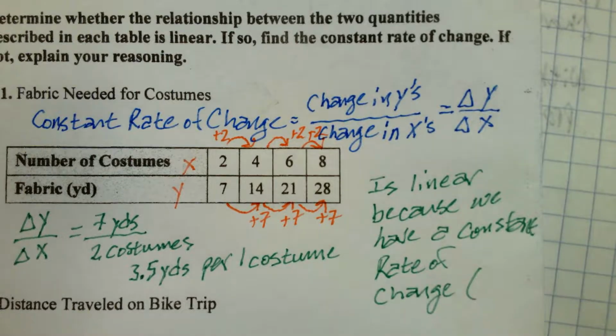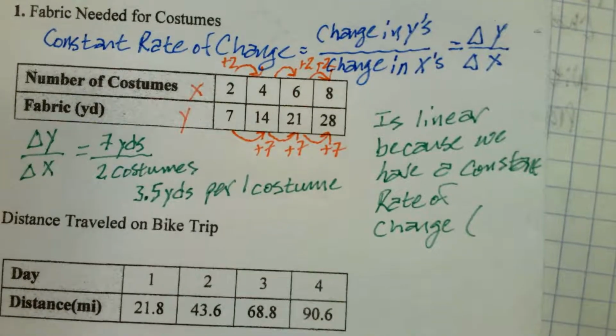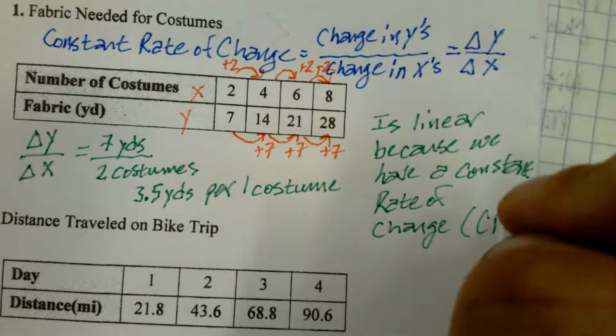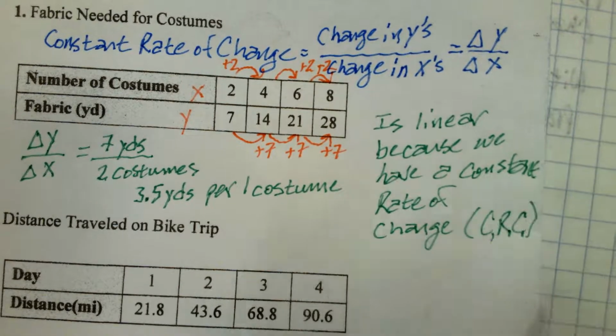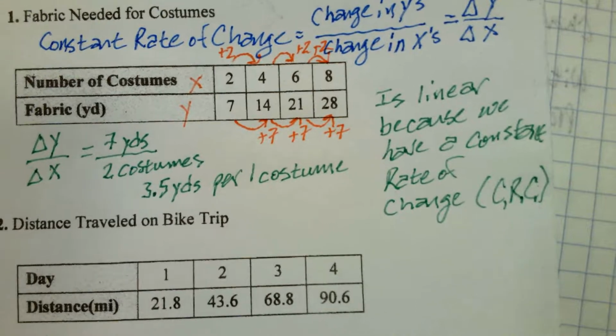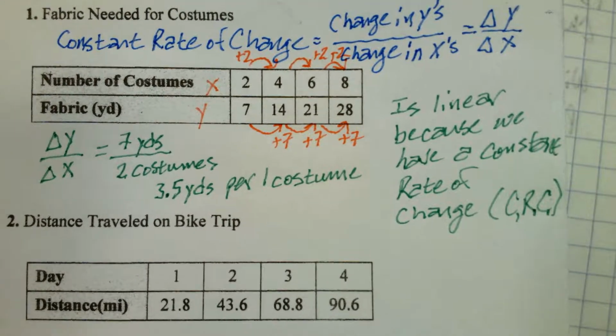And we'll abbreviate it from now on CRC, if that's okay. So if we ever want to write constant rate of change, we'll abbreviate it with CRC.